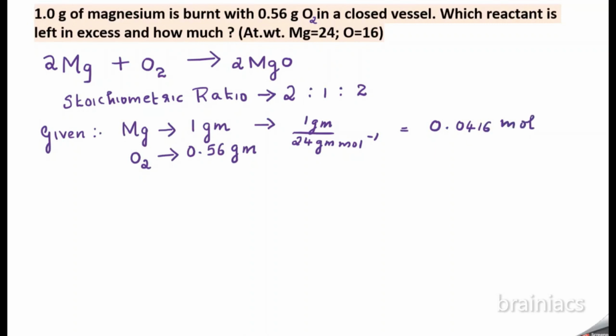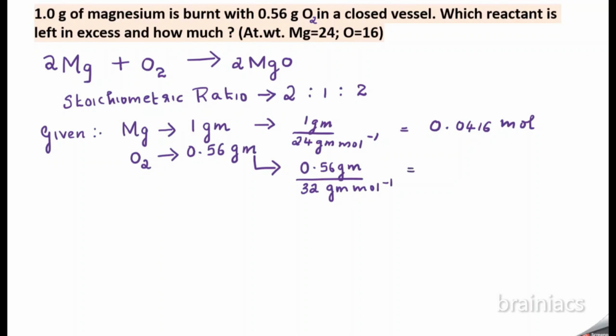Now the next one, similarly, tell me, how can you convert this into mole? The given mass, that is 0.56 gram, correct, divided by the molecular mass, since it is a molecule. So we can say molecular mass 16 into 2, 32 gram per mole, correct?